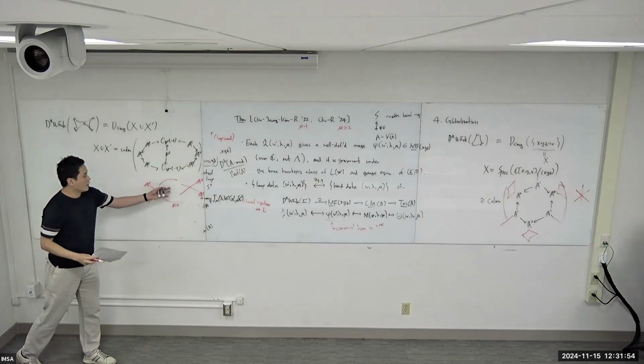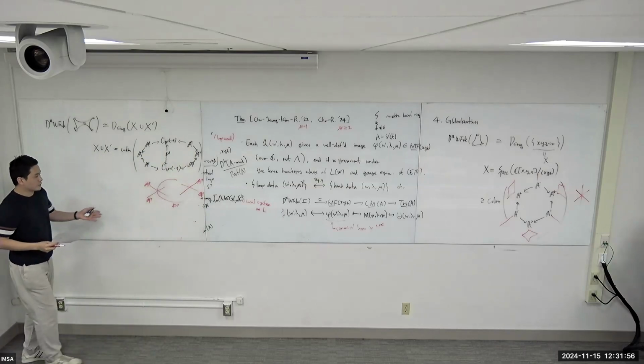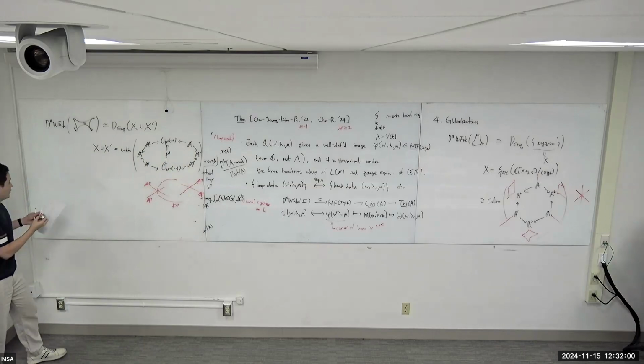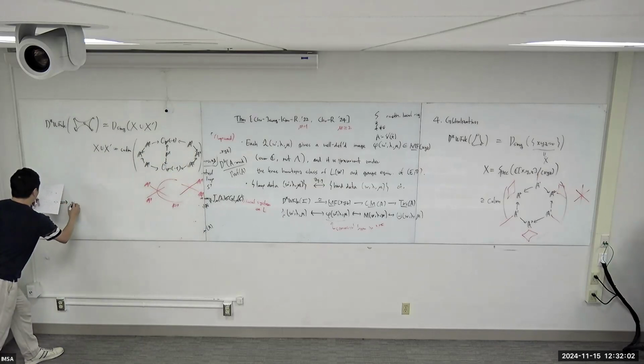So it defines another normal crossing global surface singularity, and we can do a similar thing.